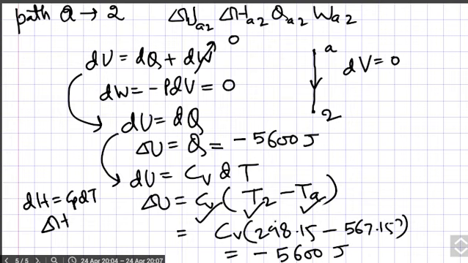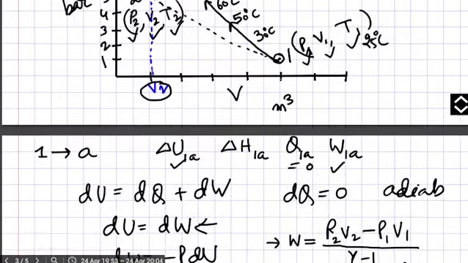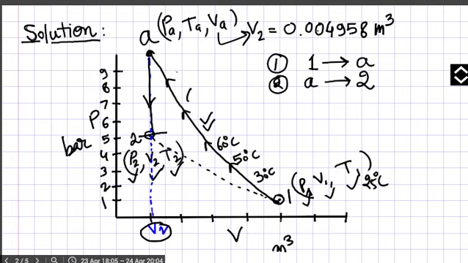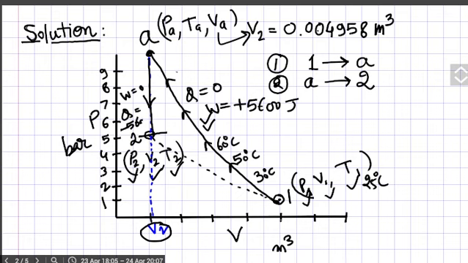So the point here is that for the entire process, for this process the heat was 0 and work was plus 5600 joule, and for this process the work was 0 and heat was minus 5600 joule, and this was the change in internal energy.